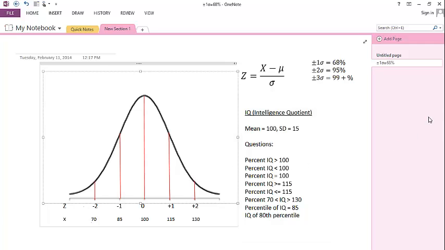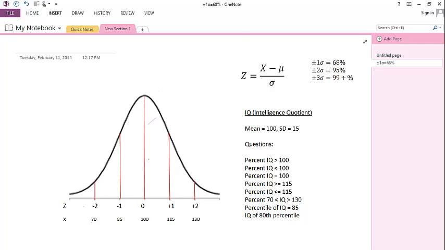So the first question is, what's the percentage of the population that would have an IQ greater than 100? Well, it would be the area to the right of 100. This area, and that is equal to 50%. So the answer to that is 50%. What's the percent that's less than 100?